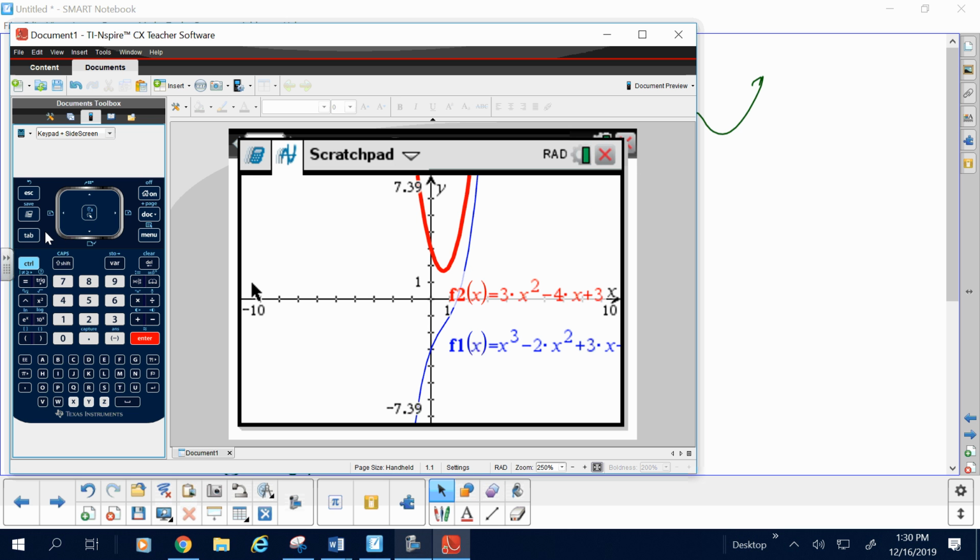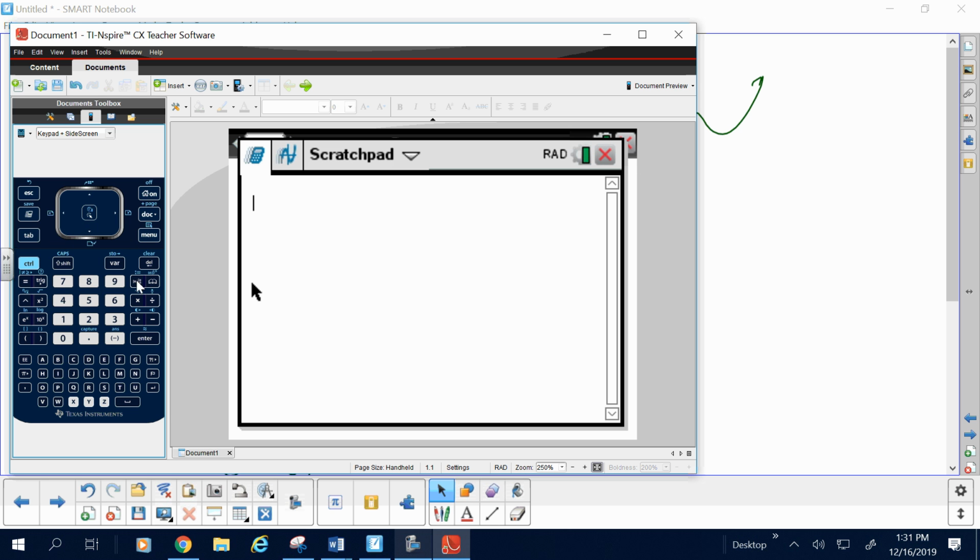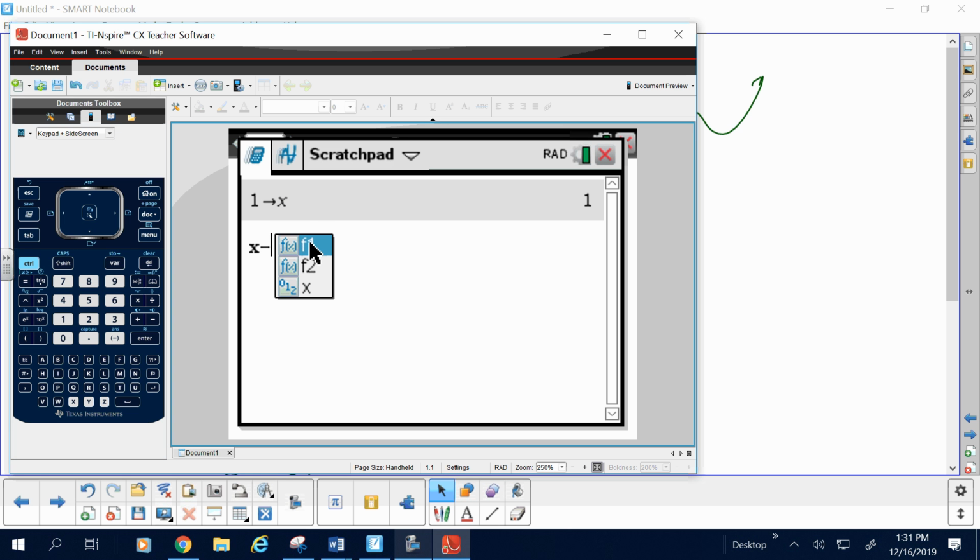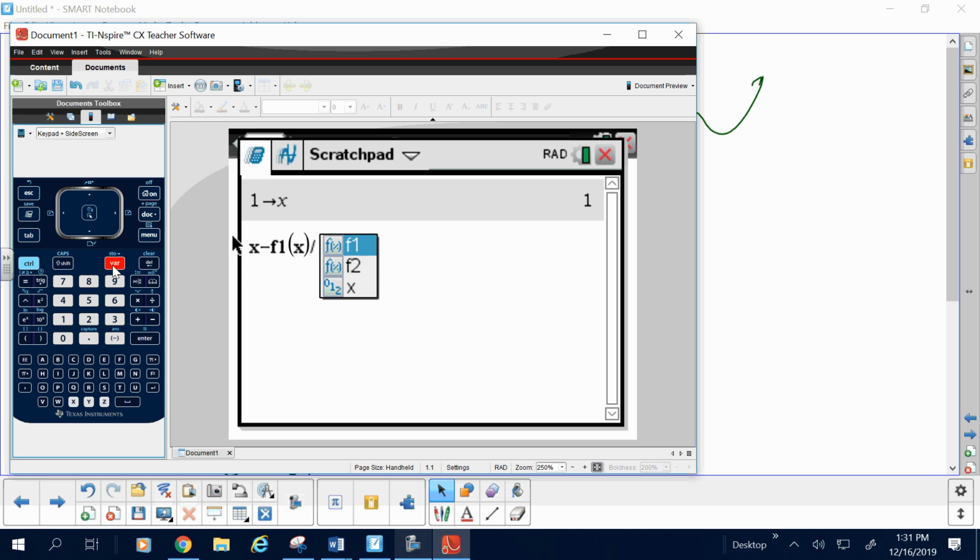Okay. Are we cool? So you store your first x. 1 is our original x, so I'm going to say store 1 to x. Now I'm going to have the calculator call up the previous x, then subtract away the function at that x divided by the derivative at that x, but don't hit enter, because after you calculate that, you want to have the calculator store it over the old x.